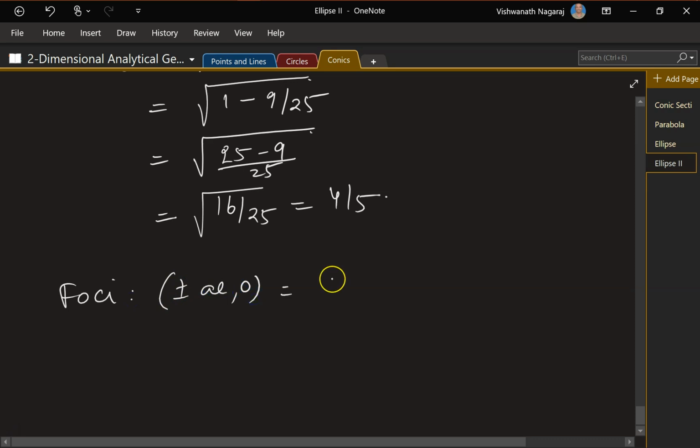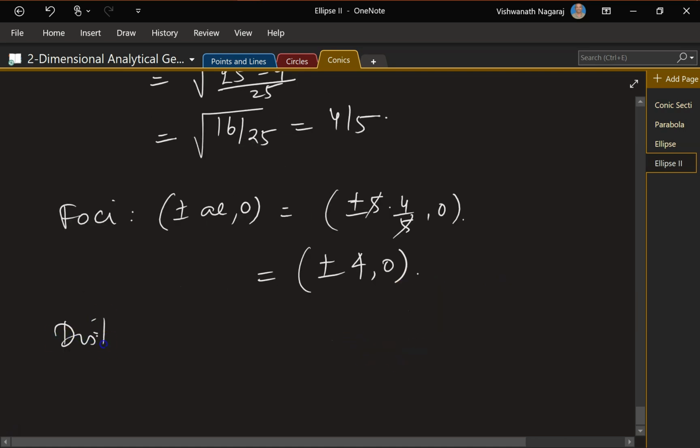So which is nothing but plus or minus 5 times 4 by 5, 0. 5 gets cancelled, so 4, 0. Distance between foci be 2AE, which will be 2 times 5 times 4 by 5, 8.